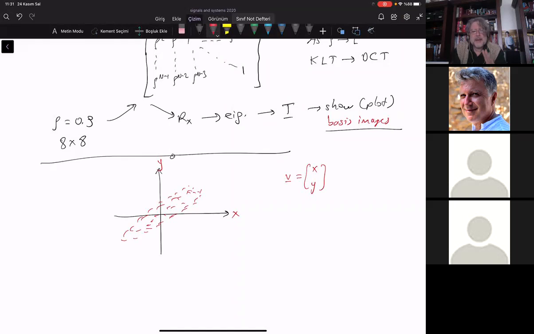Sorry about that. This is called a scatter plot, and it also indicates the correlation structure. I can also see the eigenvalues and the eigenvectors here. The eigenvectors are clearly the 45 degrees rotated axes of this one.